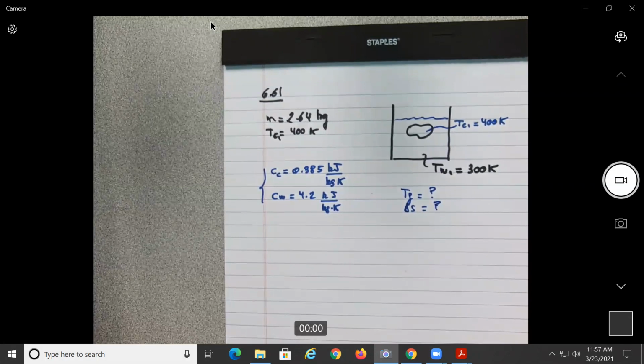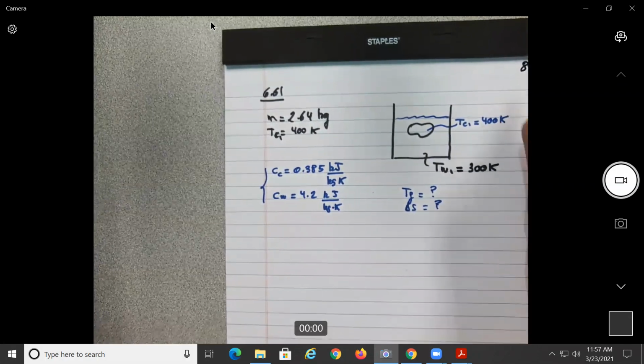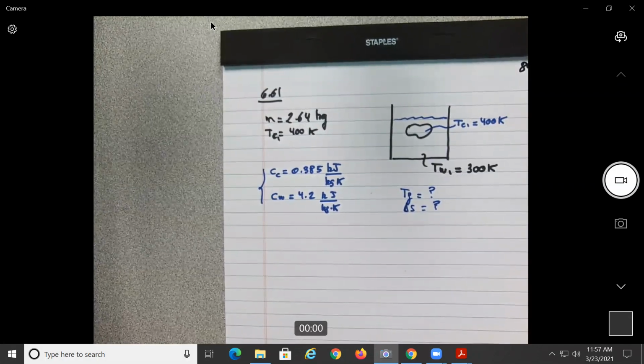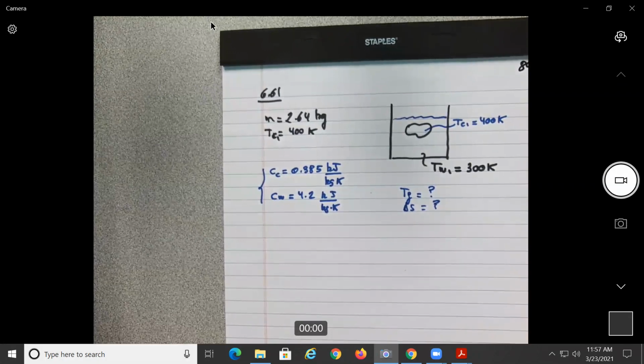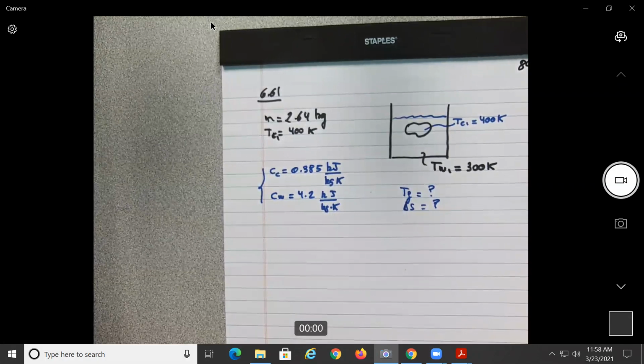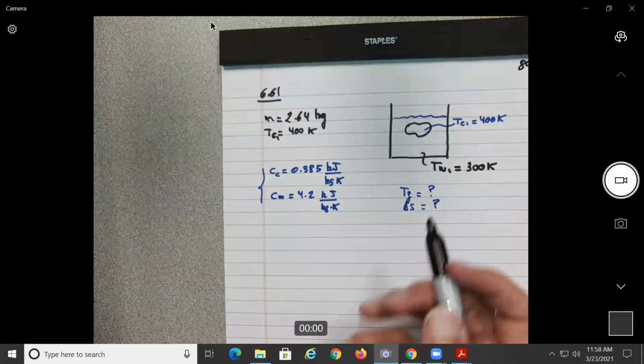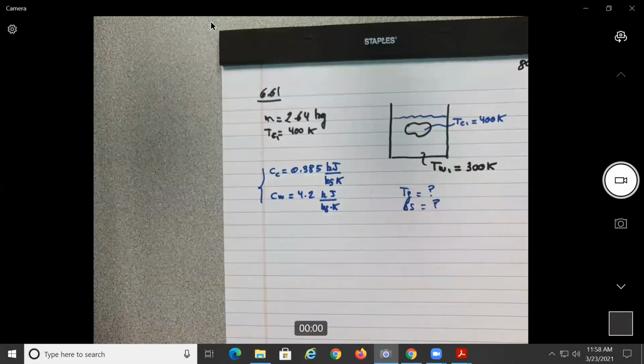Okay, so if you remember, we kind of did a similar problem in class the first time we covered entropy. So over here, this one can be a little bit tricky, but what type of system would that be? Open, closed, or control volume? Is the mass changing over here?